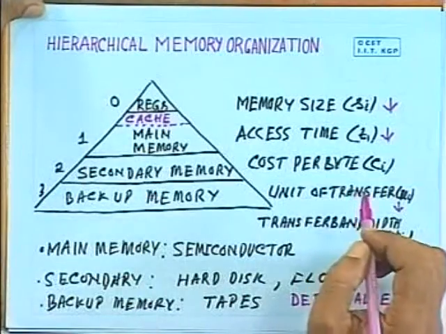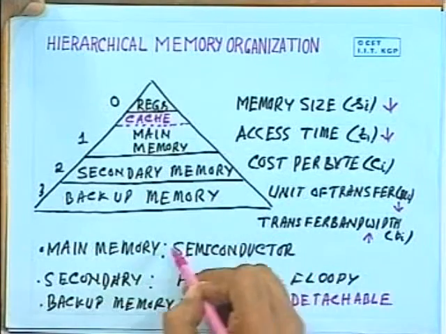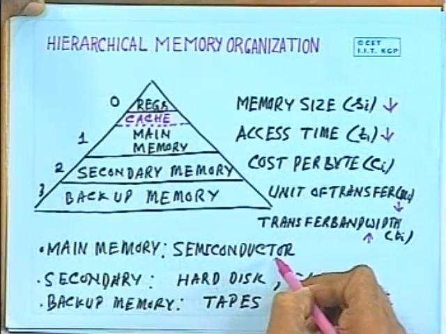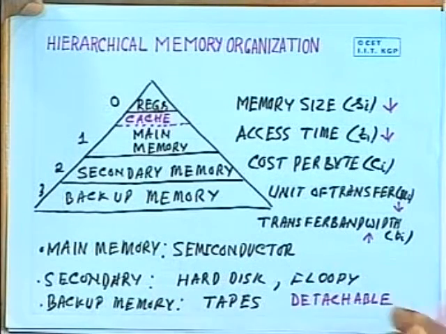And we shall discuss how different types of main memories, particularly semiconductor memories, are used as main memory, and what are the different types of main memories used with microprocessors. Particularly for small systems, the target of this course is not general purpose computers, as I have told many times.